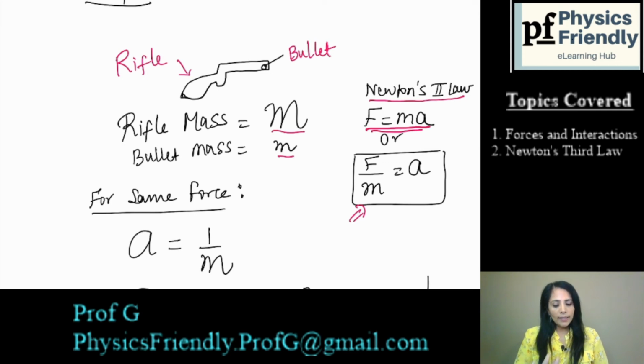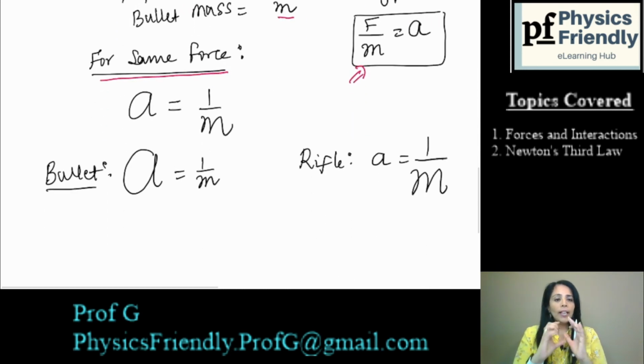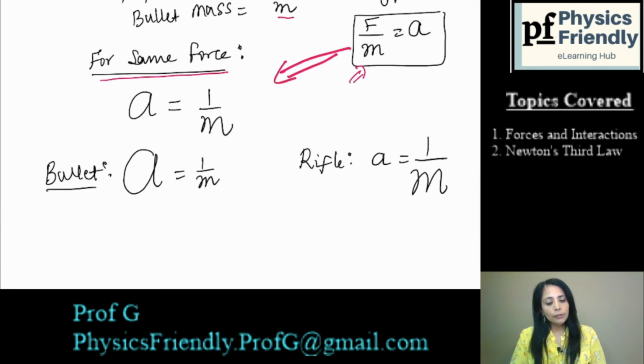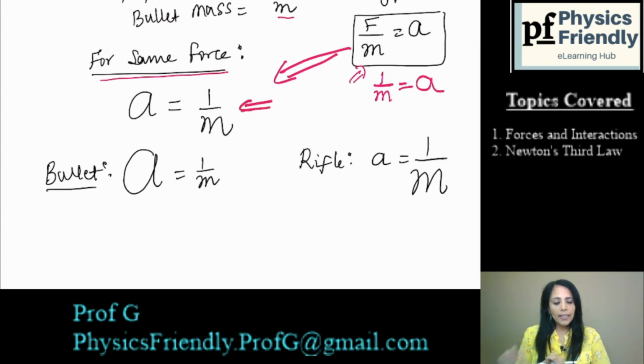Okay, so taking this into consideration, if I have the same or constant force, or the force is not changing in this case, what do I have? It's a constant force, so I can ignore force in this particular equation. This equation becomes 1 over m proportional to acceleration, and that's what I have here.